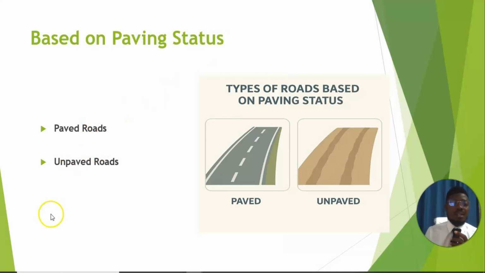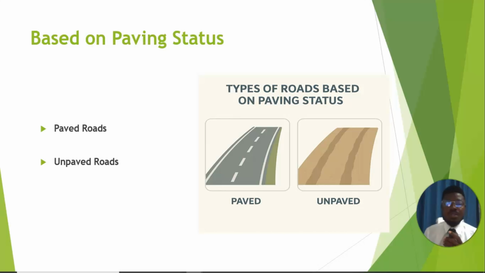Then the last part here talks about the paving status. Looking at that, we have the paved roads and the unpaved roads. I think from the word and the picture beside, it's self-explanatory. The paved road is surfaced with asphalt or concrete or similar materials, and they are usually smooth and durable.